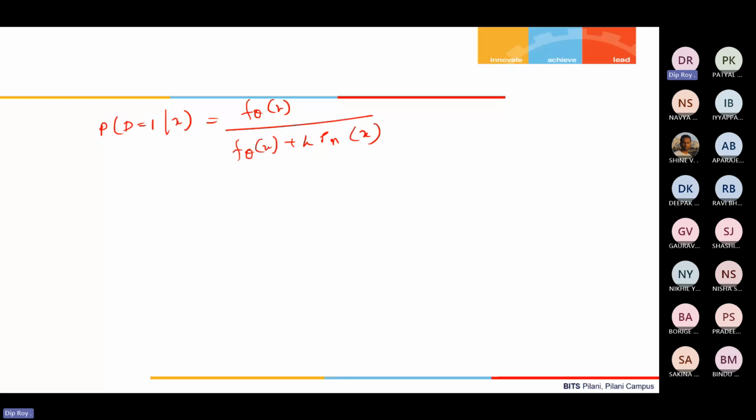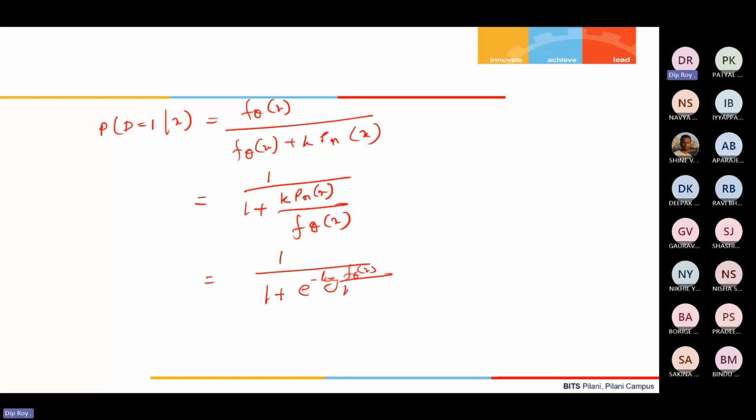And I can write it in this particular form, which is 1 by 1 plus k p of n x over f of theta x, and I can write it as 1 plus e to the power minus log of f of theta x over k p of n x.